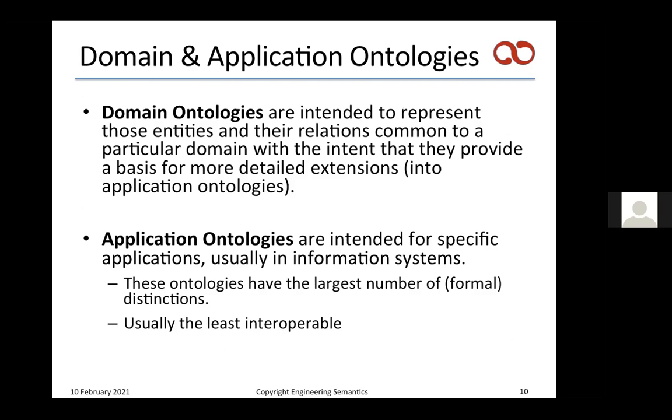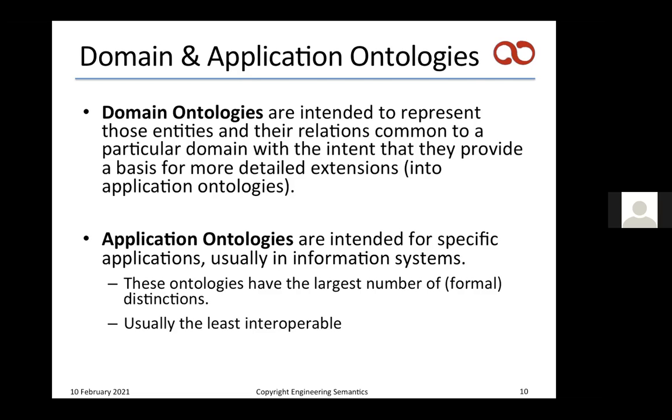Now, domain and application ontologies are intended to represent more detail in a specific domain. Obviously, they say domain ontology. And again, if possible, you'd like to extend reference ontologies to provide more constructs or the basis for your domain ontologies. And then from there, at the most detailed level, are the application ontologies. Of course, they're designed for use in specific applications or information systems.